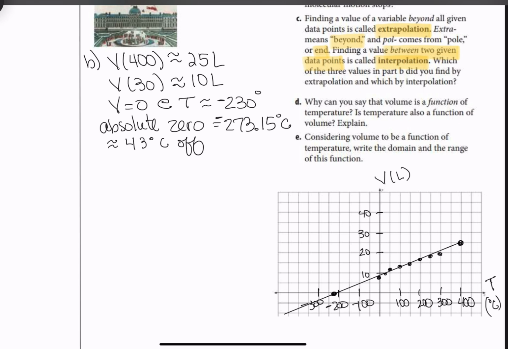One more time, which of the three values in part B did you find by extrapolation? So I actually think there were two values there. One of them was the V of 400, and the other one was when V of t had to equal 0.